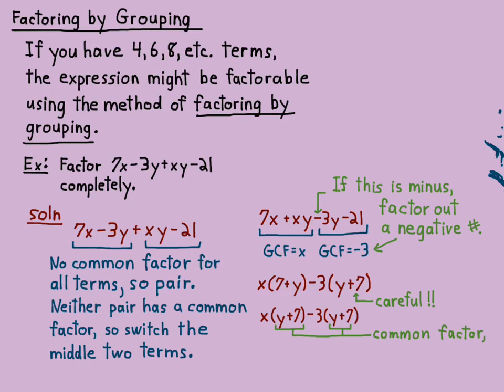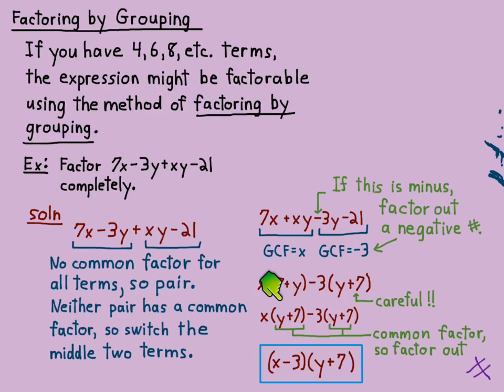Okay. So factor it out. So you get this. Now, how did I get that? Well, if you can think of it, okay, here's this term, and I took out the y plus 7. You need the parentheses, right? And I'm left over with an x. So the leftovers are going in these parentheses.